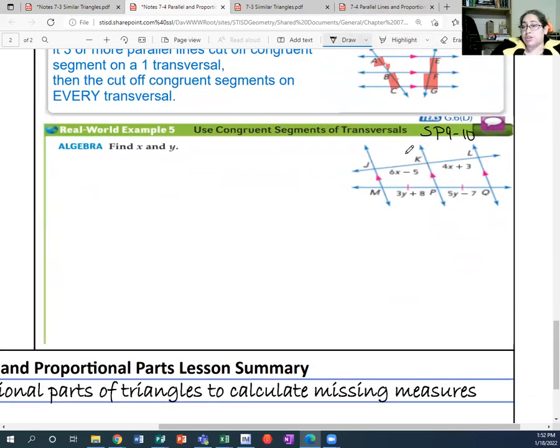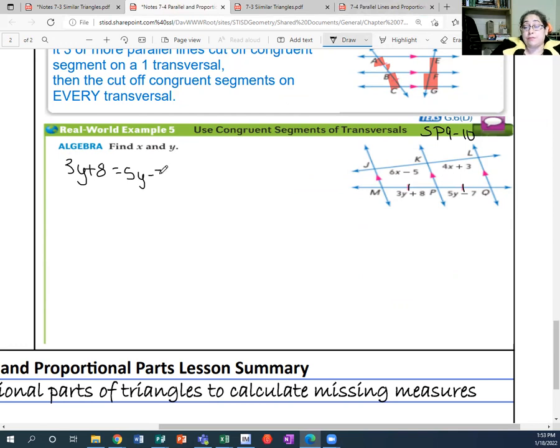So for skill practice questions 9 through 10, it's going to look like this setup. I have 3 parallel lines. I have some transversals. Hey, I have some congruent pieces. I can immediately write an equation with those 2 pieces. Things that are congruent are equal, so I can just write an equation with those 2 pieces equal, solve that for the variable, and done.